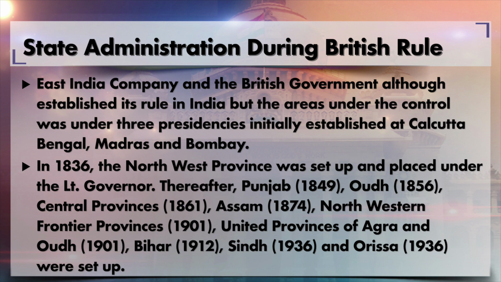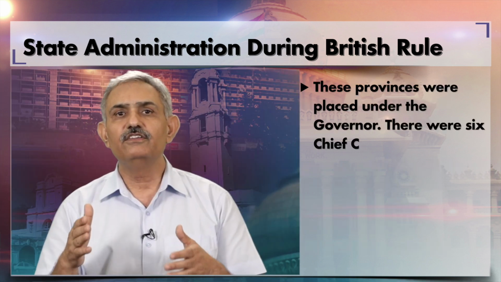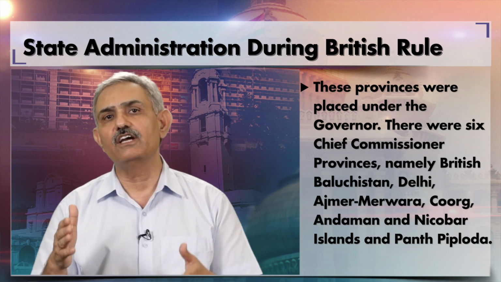Thereafter, Punjab was established in 1849, similarly Awadh in 1856, Central Province in 1861, Assam in 1874, Northwest Frontier Province (NWFP) in 1901, United Province of Agra and Awadh in 1901, Bihar in 1912 and Sindh in 1936. Odisha was established in 1936.